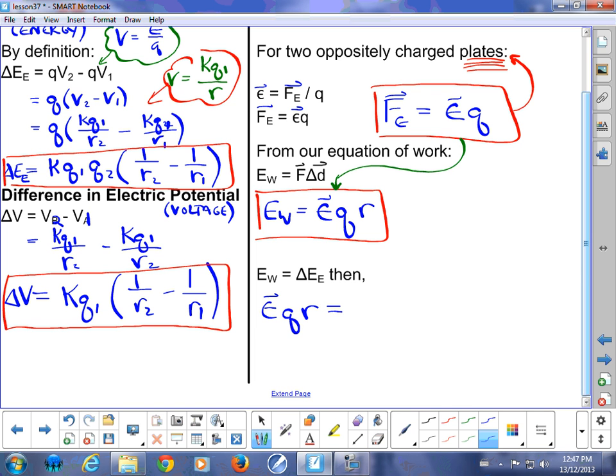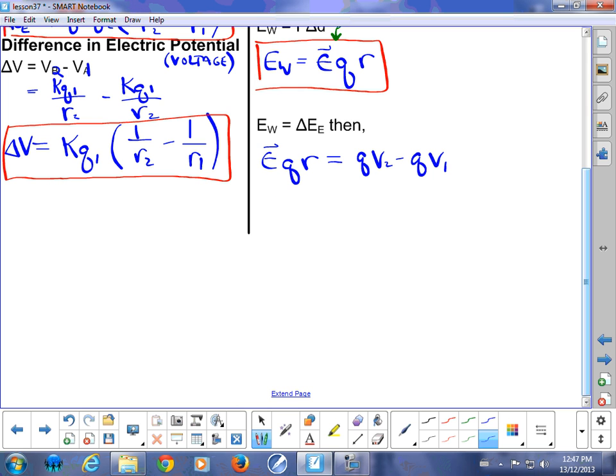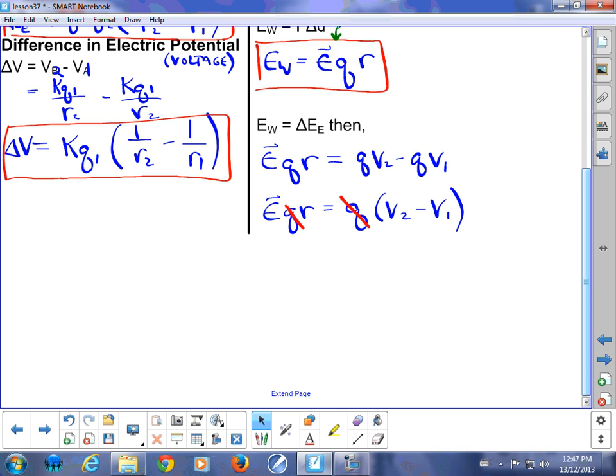It comes from the left side here, that equation, but it's going to be your QV2 minus QV1 right here, sorry. Using some common factoring, take the Q out, and you're left with voltage 2 minus voltage 1. The Q's then would cancel out.